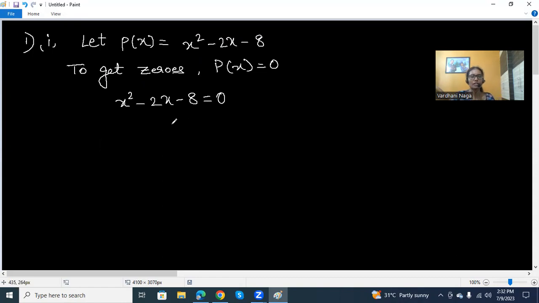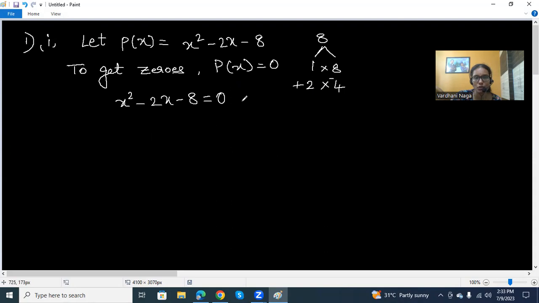By splitting the middle term we can do. What are the factors of 8? 1 8 is 8, 2 4 is 8, 3 doesn't go, 4 came off. So now these two, if you see, we can split the middle term by these two factors. 2 plus 4 gives 6 by 1, but we want a minus 2 here. So let's put minus 4 plus 2.